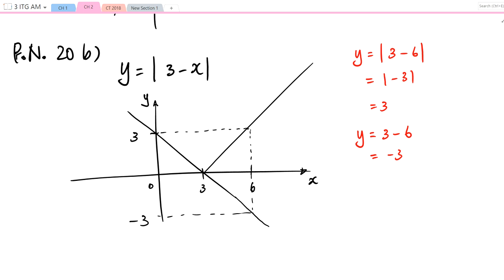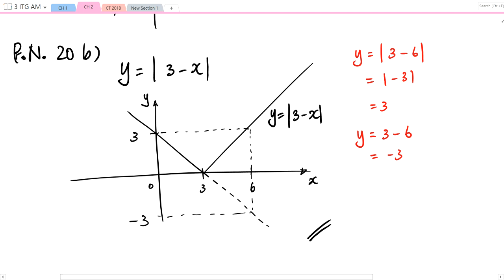So this is now my graph of y equals modulus of 3 minus x after I remove the parts below the x-axis. So here y equals modulus of 3 minus x. So this is the final answer.